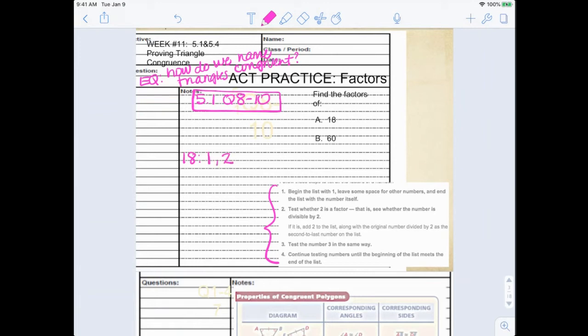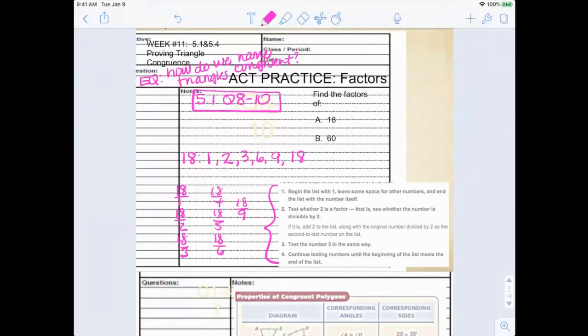Could I divide 2 out evenly? Yep, 18 divided by 1 works, 18 divided by 2. Can I divide 3 out evenly? Yep. Does 4 divide out evenly? No. 5? No, we already know that. 6? Yeah. 7? No. 8? No. 9? Yes. And then once I get halfway, I just know that my final number is in. So you could start that way.